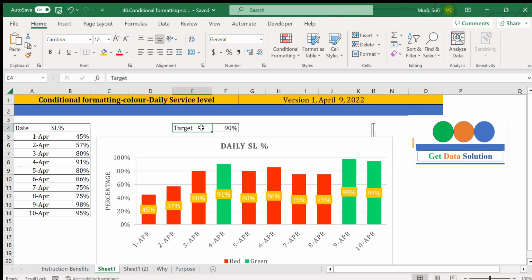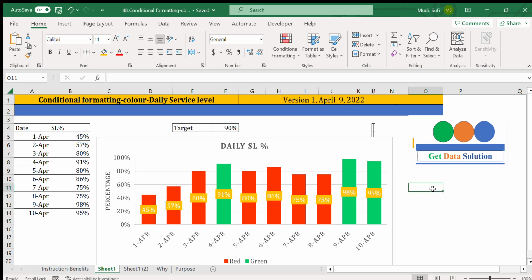Now at the moment we have the target percentage is 90. Here on the x-axis the dates, and here on the y-axis the percentage of the service. And as we feel here, it will just show this one.